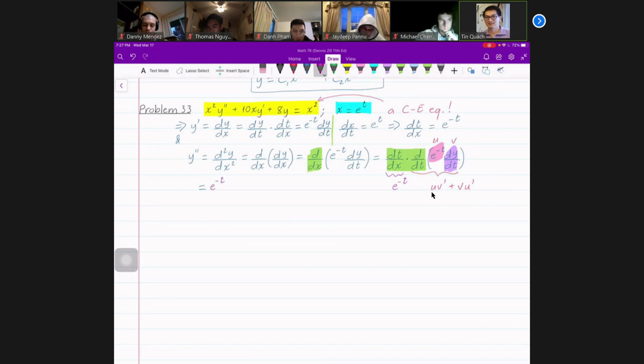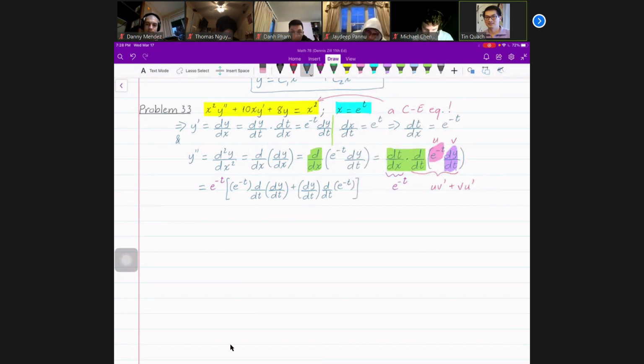And then the derivative of that product is u times the derivative of v, which is dy dt, plus v, which is dy dt, times the derivative of u, which is e to the negative t. So that's what I have.